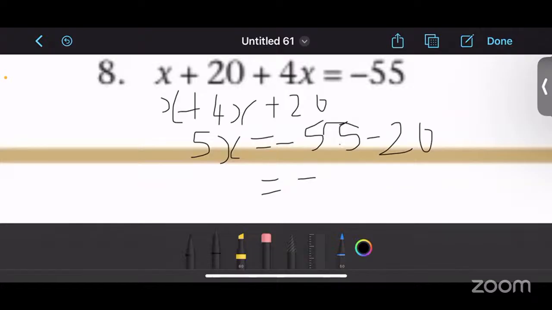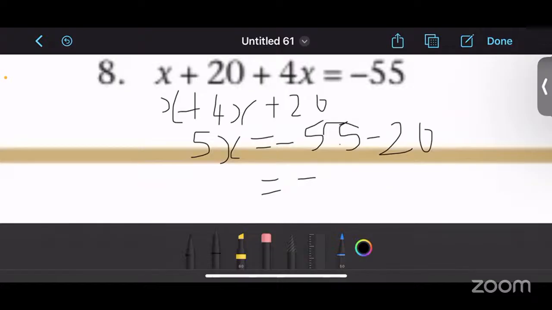Let me try to find a simpler way to explain. Let's say your sister borrows you 55 rands. How much do you owe your sister? Listen.